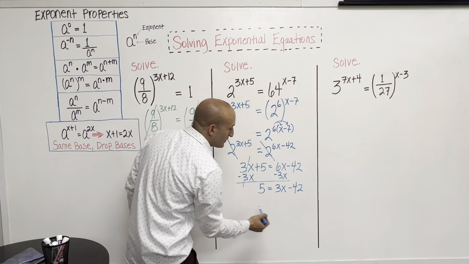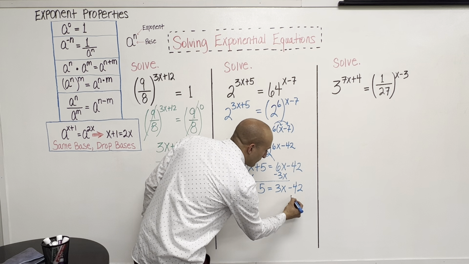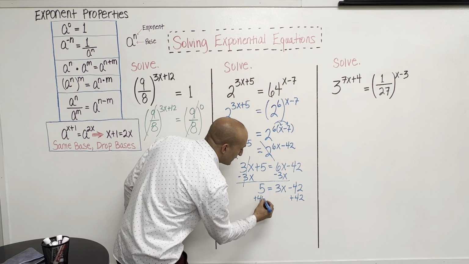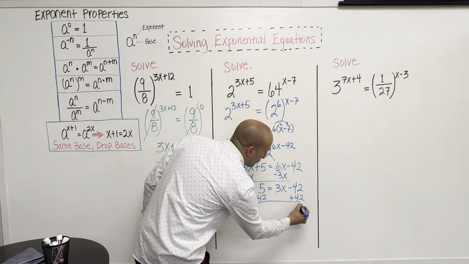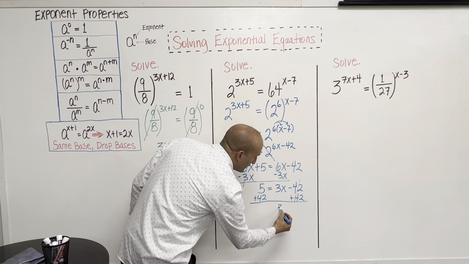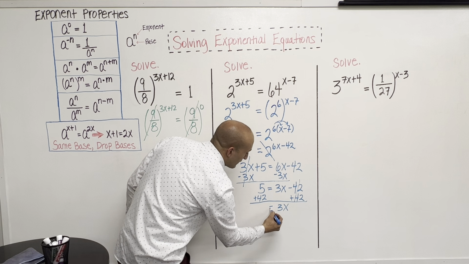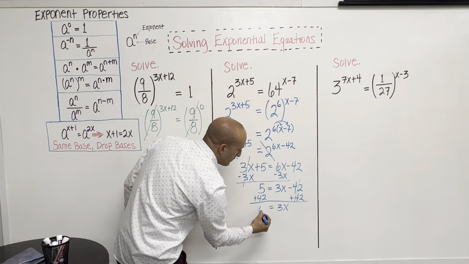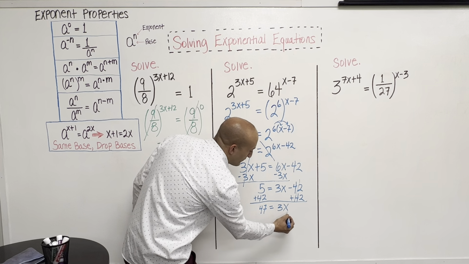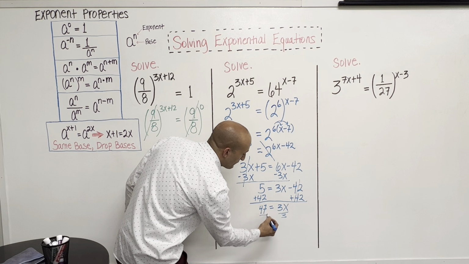These two are like terms, so I'm going to combine by adding 42 to both sides. That would be 0. I'm left with 3x equals 47. And last step would be to divide by 3.